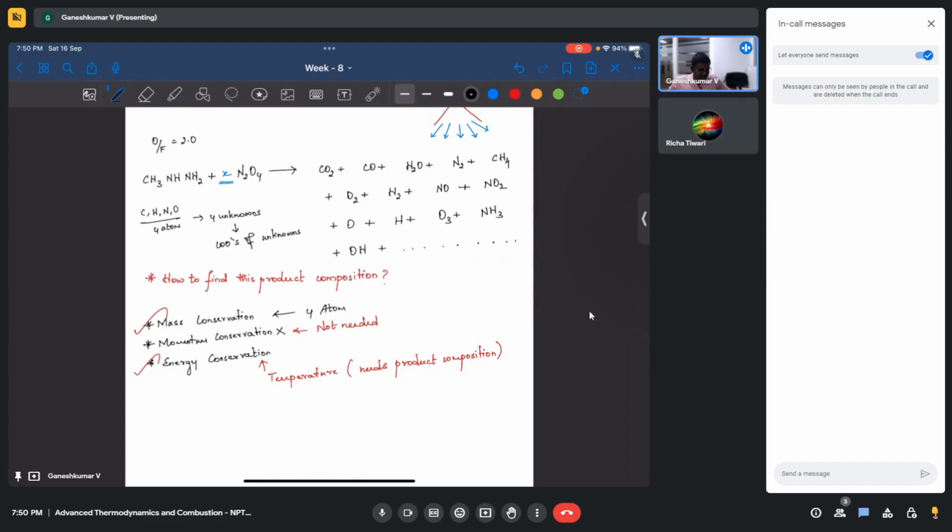Did we miss any fundamental law, so that if we use that law we will be able to get the product composition?